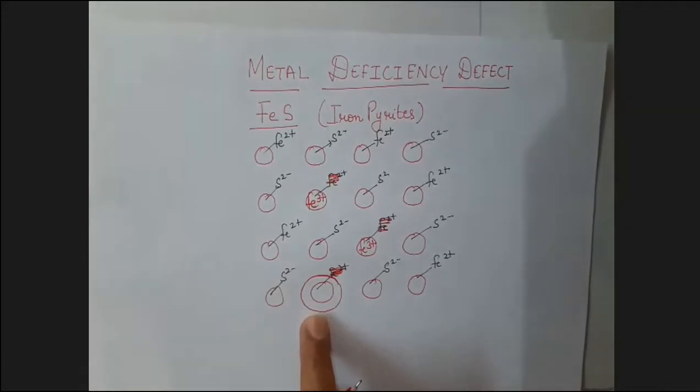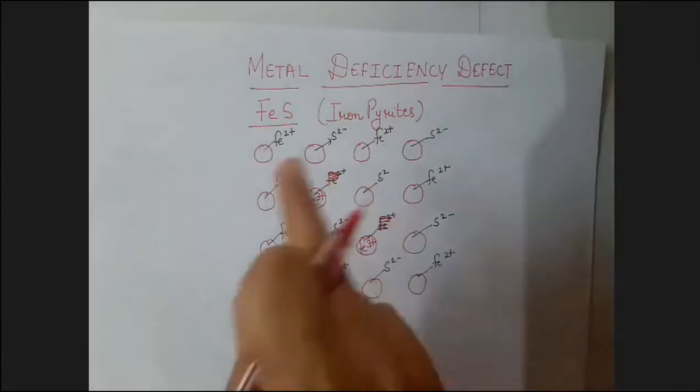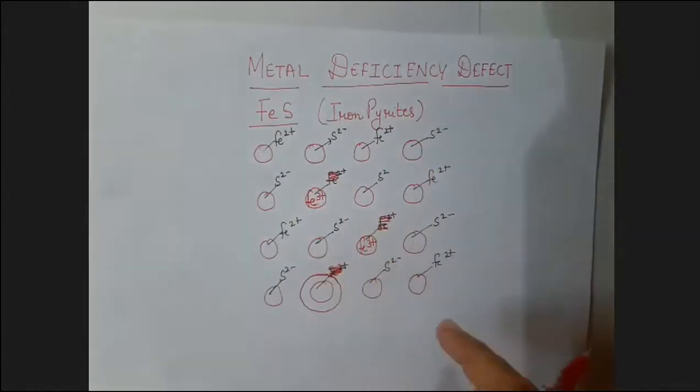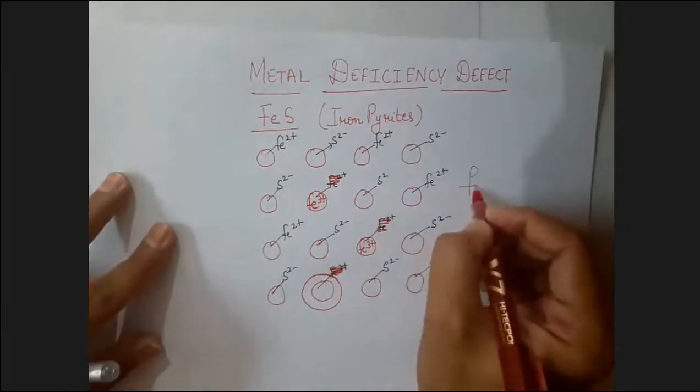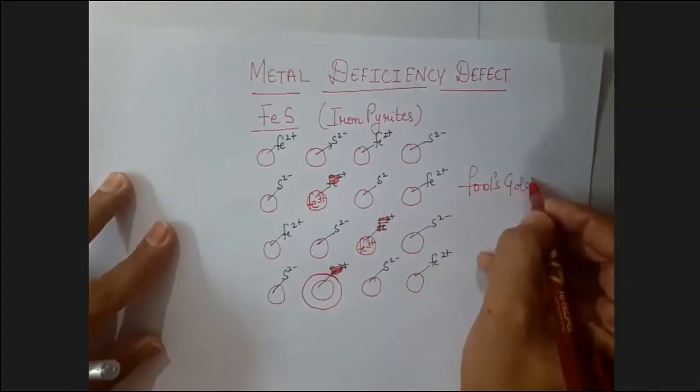As a result, the crystal has a metallic luster because of the natural color of iron pyrite. It is named fool's gold.